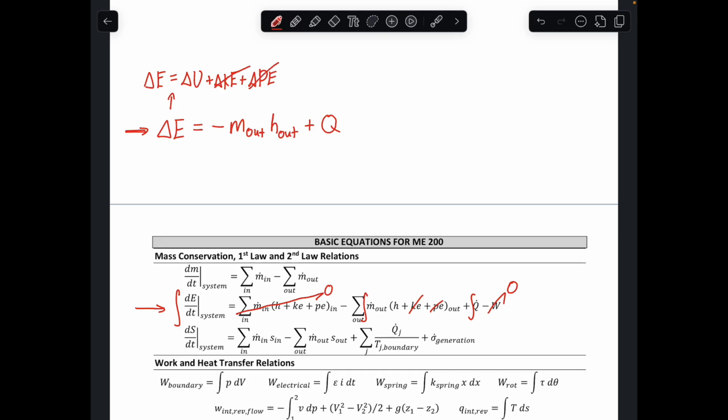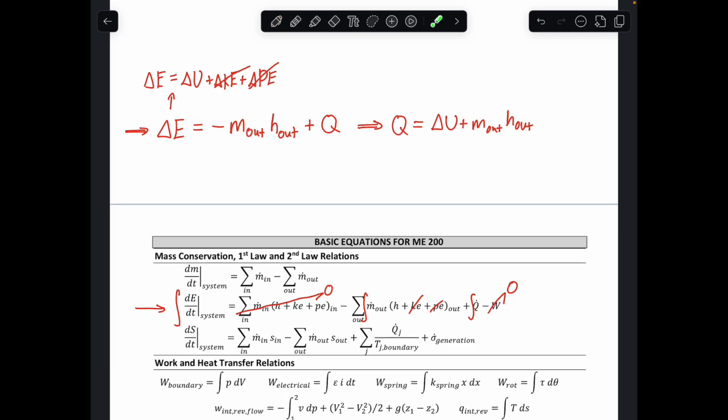But we're neglecting these two terms, so what we're left with is just a delta U. I'll write that form and rearrange for Q. So we get Q equals delta U plus M out times H out.